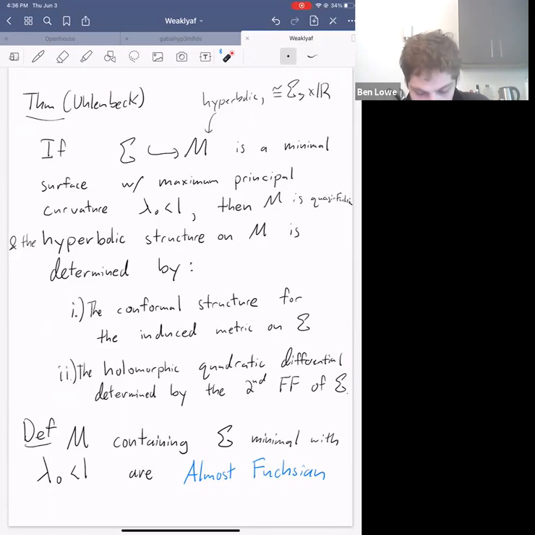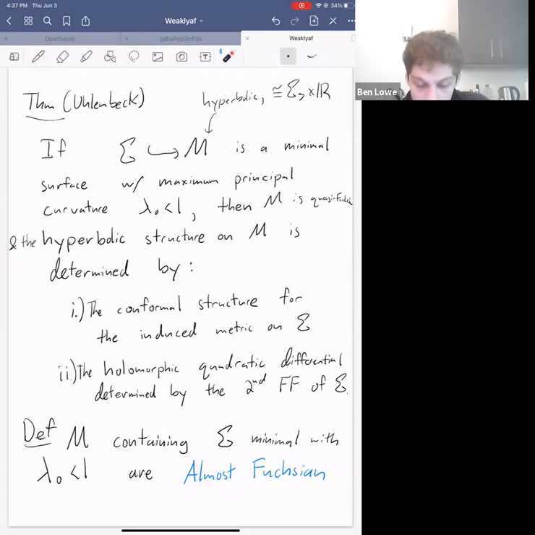You have some minimal surface sigma inside some hyperbolic manifold with topological type surface times R. And all you know about it is that the maximum of its principal curvatures is less than 1. Okay.